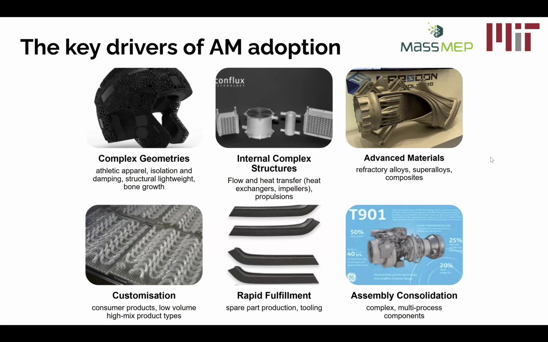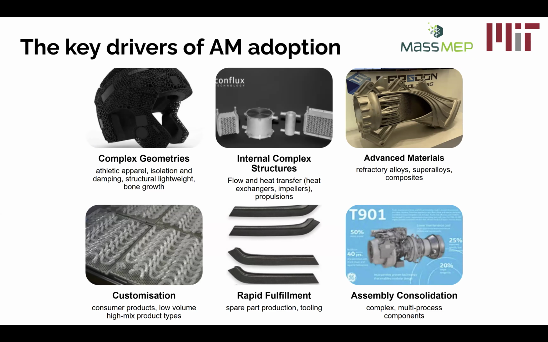Thank you. So apart from the process chain, we have also been talking about the main reasons why companies have been adopting additive manufacturing for their production. These are the six main drivers that we have identified across industries.